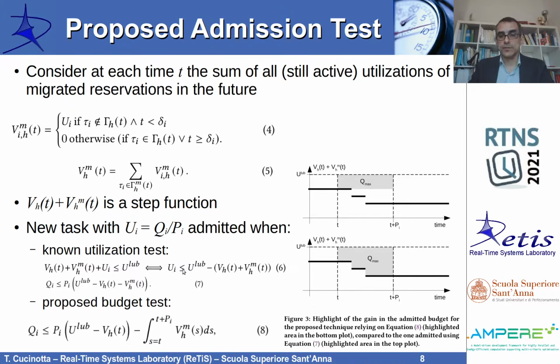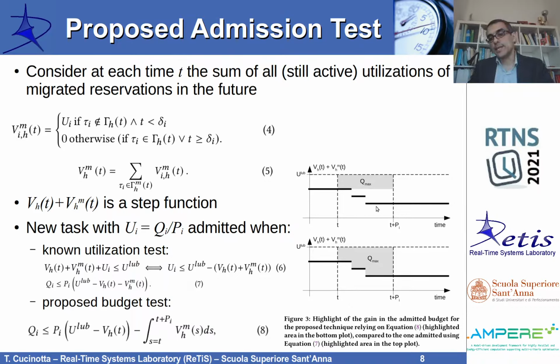This can be rewritten, and ultimately we can turn the utilization constraint into a budget constraint. So this already well-known test states that we can accept a new task if its budget is lower than or equal to its period multiplied by the leftover bandwidth at the moment.